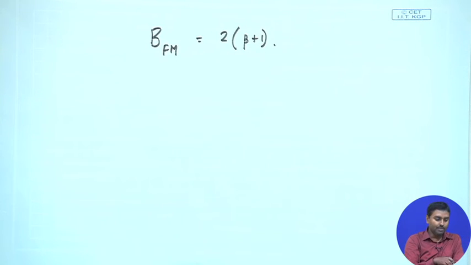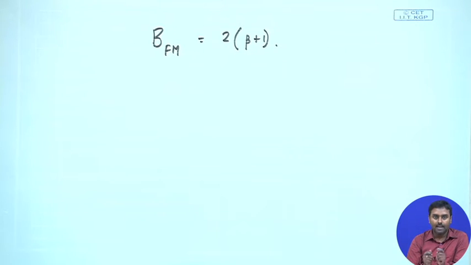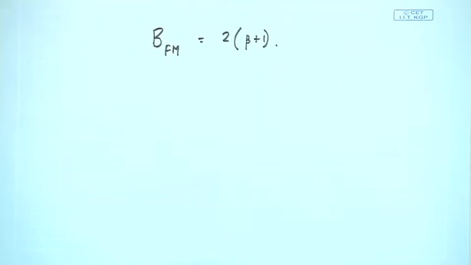So, this happens to be my overall FM bandwidth, but this is just a number, I still have not really accounted for the bandwidth. Each one of those numbers I take, so this many frequencies I will be taking. What is the separation between them? That is either omega_m in the omega domain or f_m in the frequency domain.